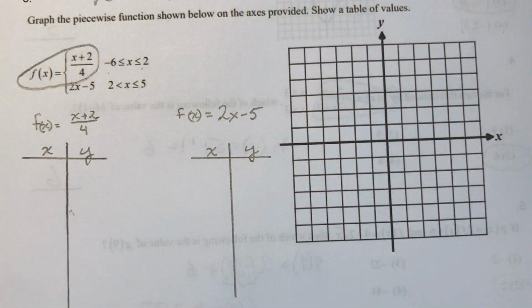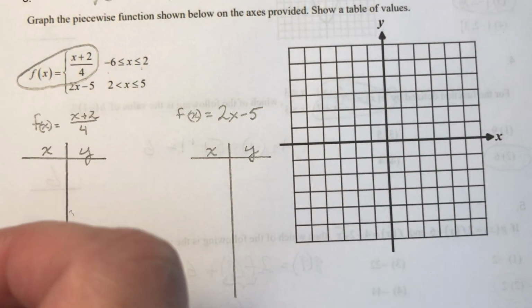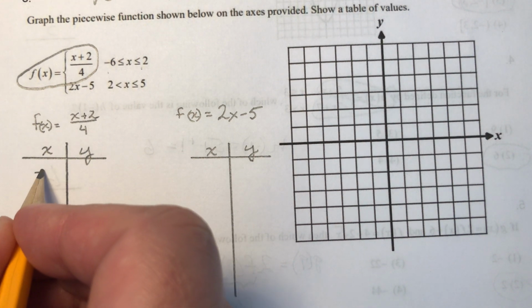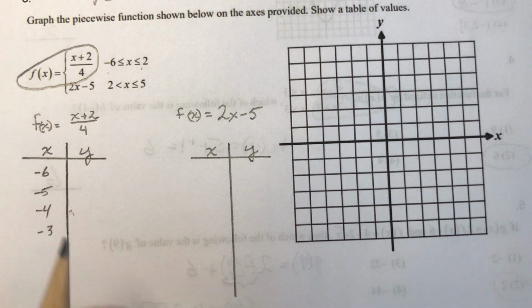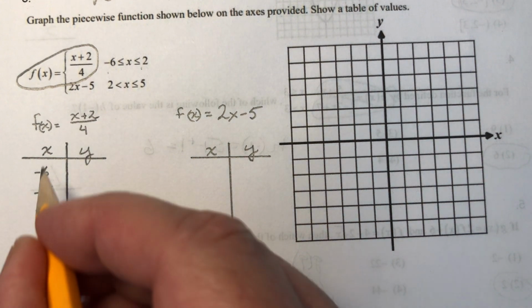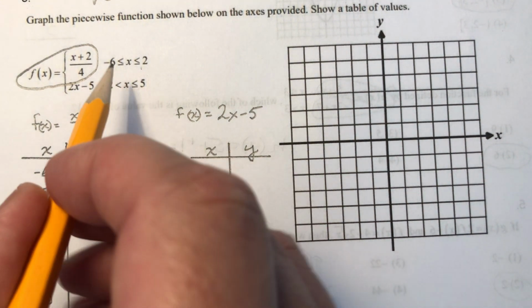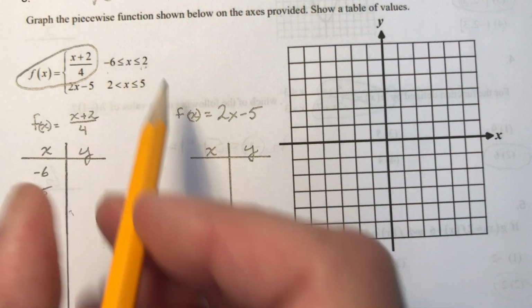Here's what I found. So from -6 to 2, I'm going to put all my inputs: -6, -5, -4, -3, -2, -1, 0, 1, and 2. Those are all the numbers from -6 to 2 as they say to use.